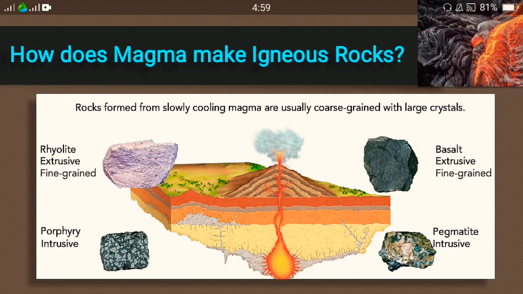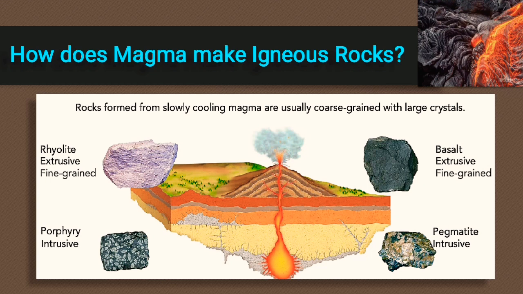How does magma make igneous rocks? When the magma reaches the surface, it cools quickly, in a matter of days or weeks. When the magma forms pockets underground, it cools much more slowly. This could take thousands or even millions of years.